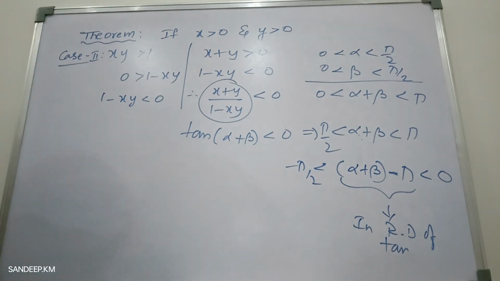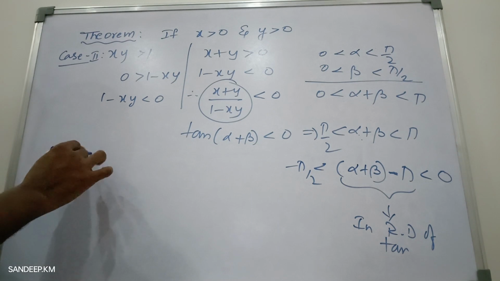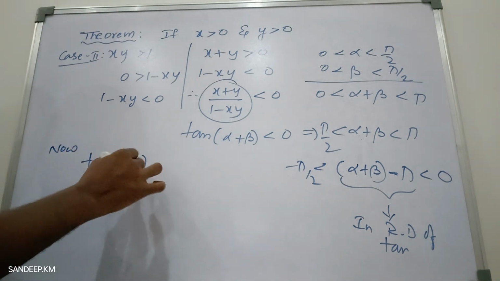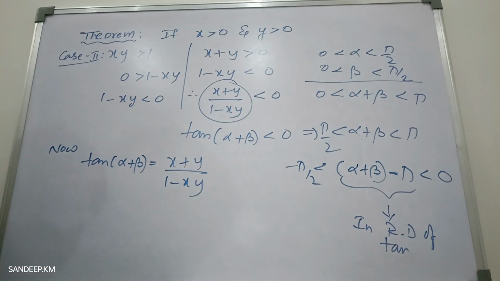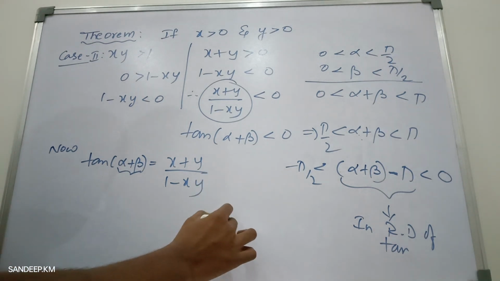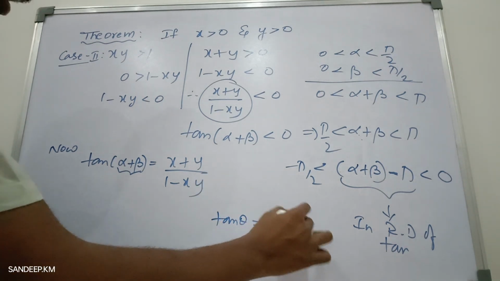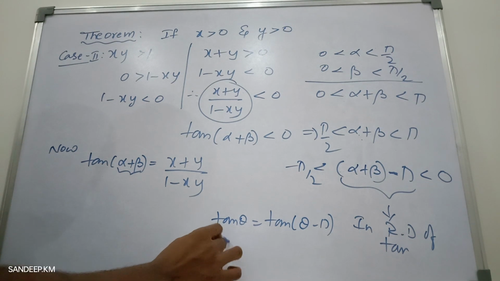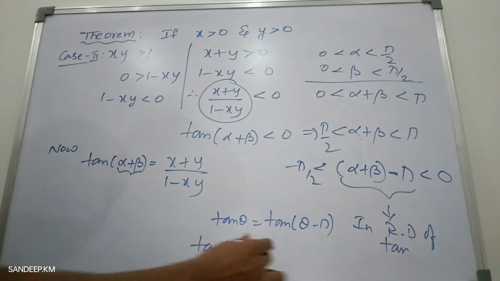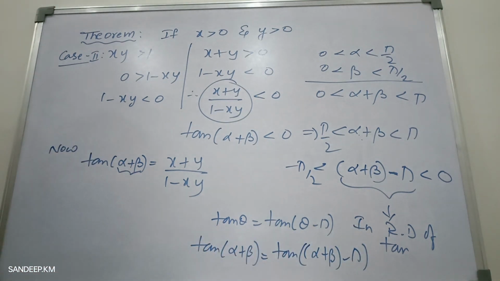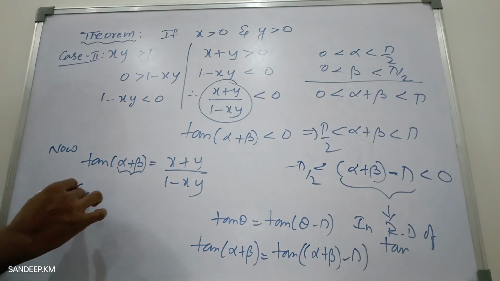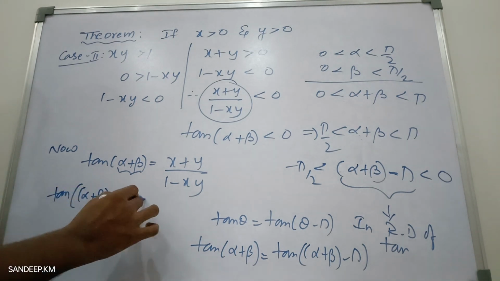Now let us get back to the first equation. Tan of alpha plus beta is equal to x plus y by 1 minus xy. If this is theta, we know that tan theta is equal to tan of theta minus pi. So tan of alpha plus beta can be written as tan of alpha plus beta minus pi.